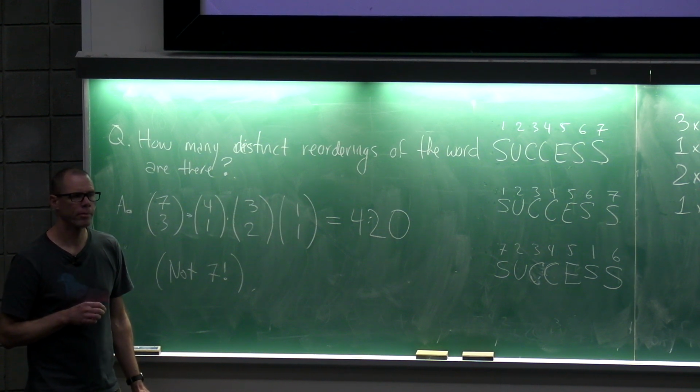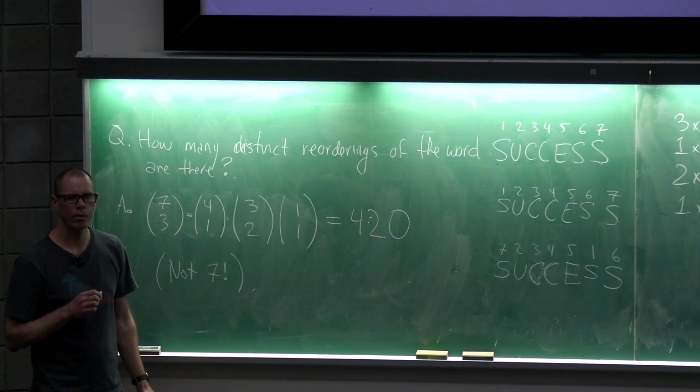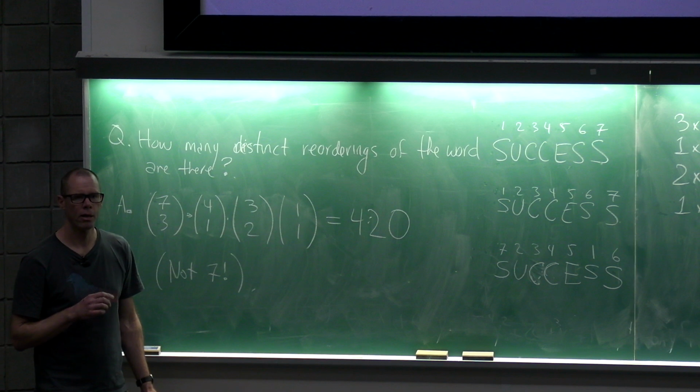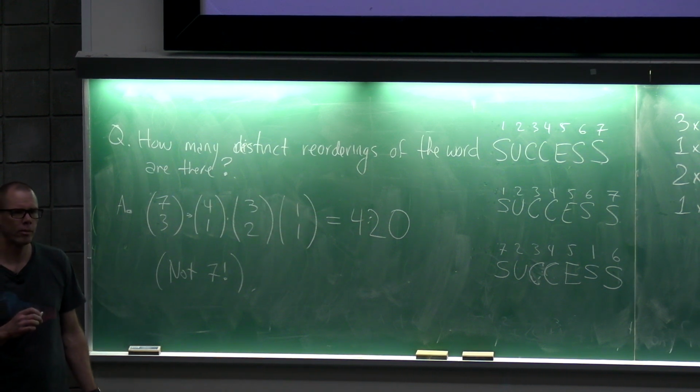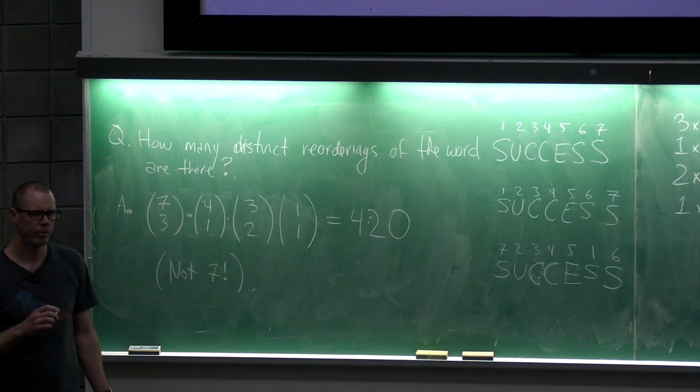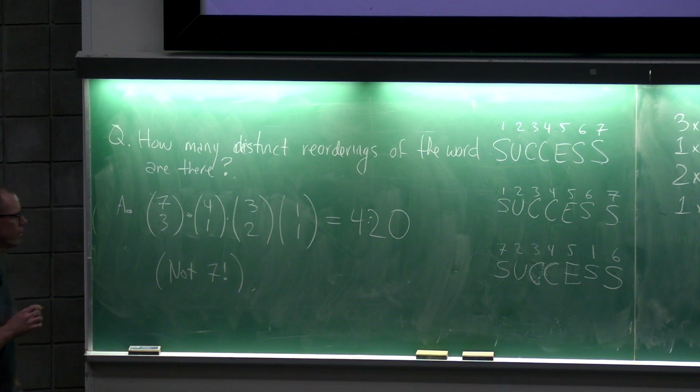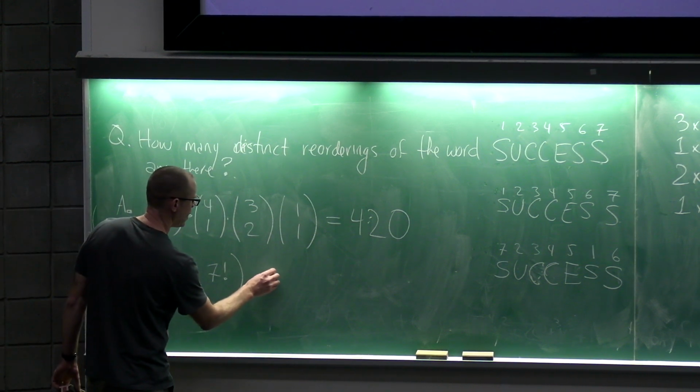Okay. So, questions? Yeah? Can you also do something like, because there's 7 letters, so 7 factorial, and then since there's 3 S's and 2 C's, you divide 7 factorial by 3 factorial times 2 factorial? Yeah.